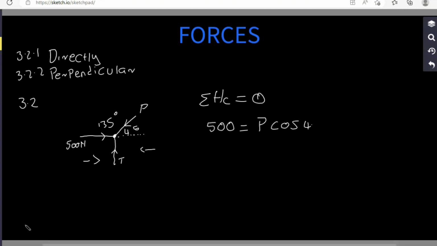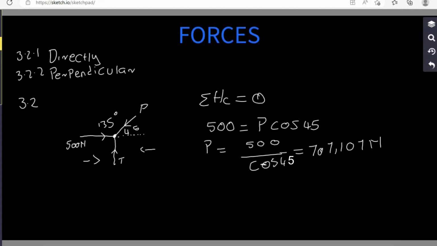It will be P cos 45, and the value of P will be equal to 500 divided by cos 45. And this will give us the value of P as 707.107 newtons. That is the value of P.